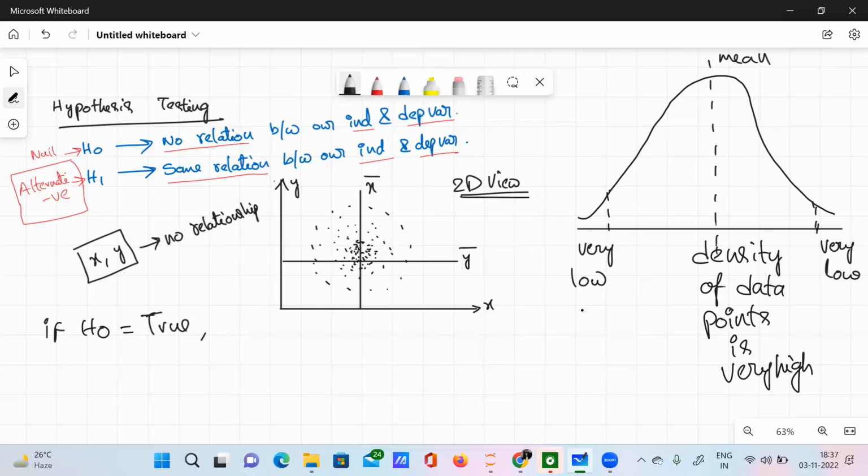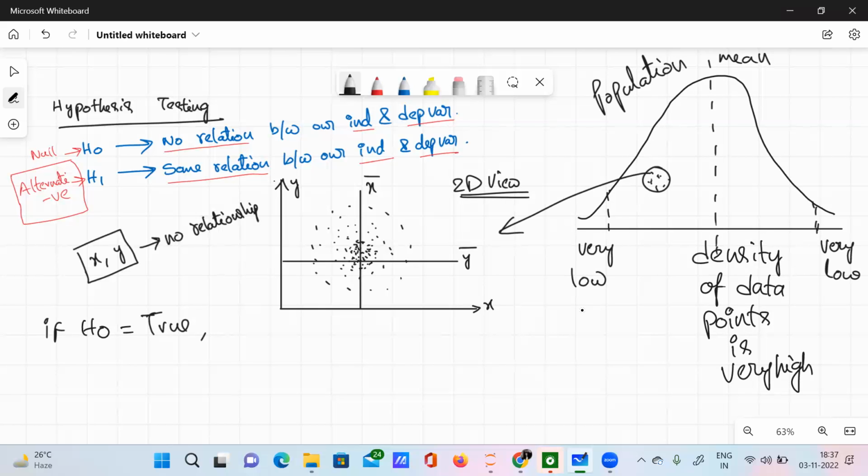So for example, let's imagine this is the population data. From this particular population, I have drawn some kind of sample here, right? This is the sample data. That sample is nothing but this particular graph here.